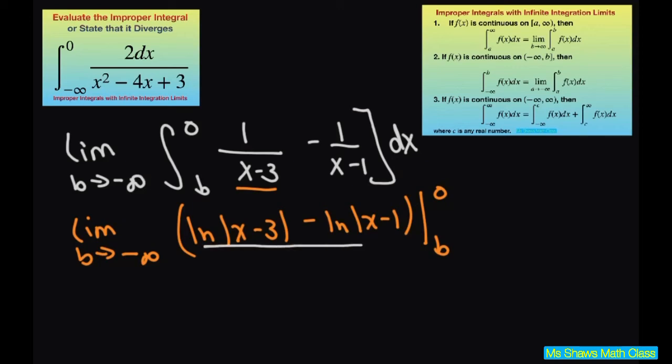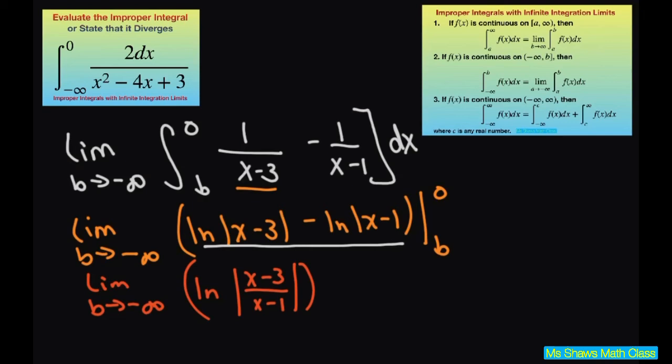I'm going to use the quotient property and write this as a single log. So we have the limit as b approaches negative infinity. I'm going to write this as ln of the absolute value of x minus 3 divided by x minus 1. And we're evaluating again from b to 0.